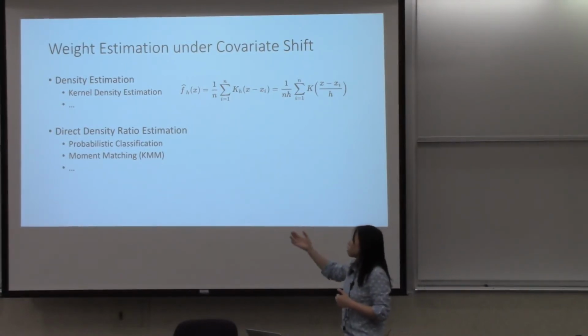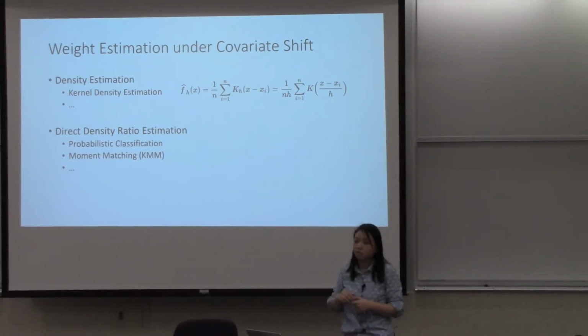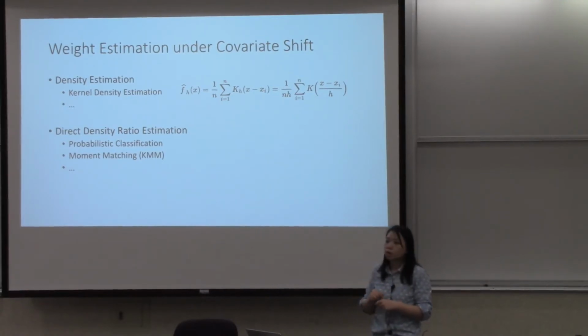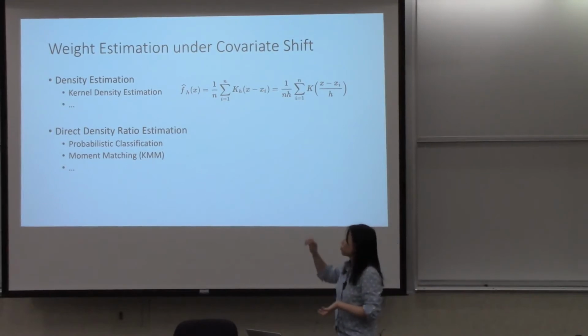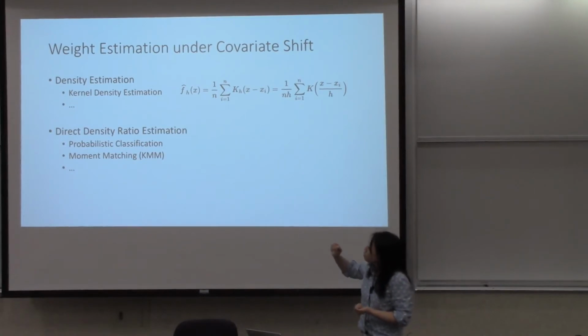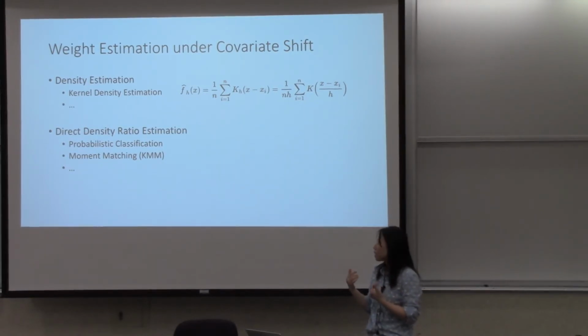Another thing we'll talk more about today is direct density ratio estimation. Instead of first doing density estimation and then dividing, we can directly do density ratio estimation. We'll talk about two methods today. One is called probabilistic classification, and one is called moment matching, which is KMM. And there are also other methods in this category.